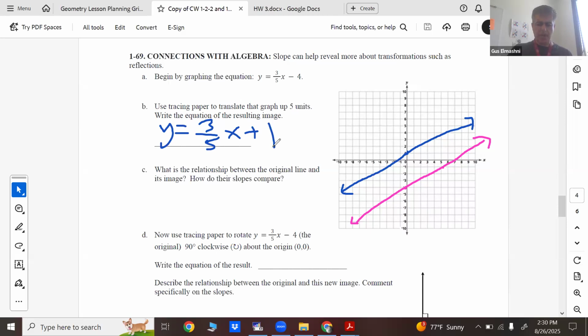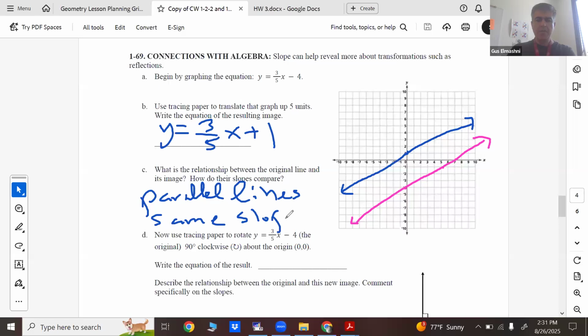Not sure we really need tracing paper for that, but then you're going to do a rotation for the last one. I think that'd be a good place for us to stop.